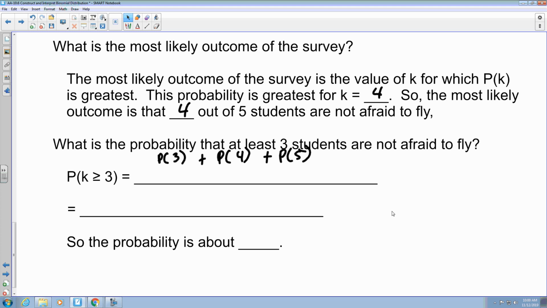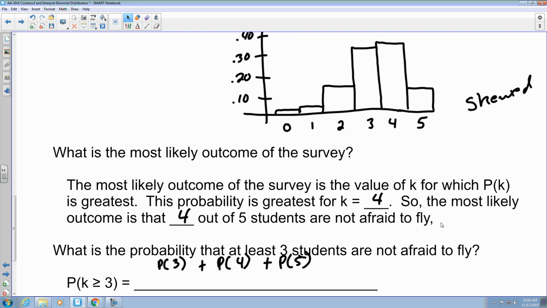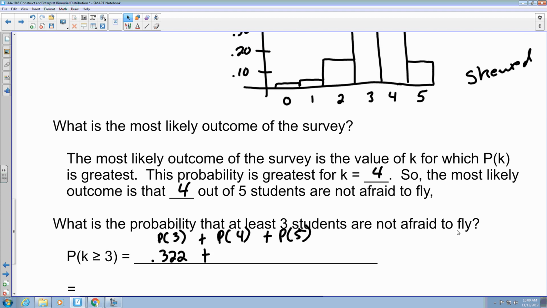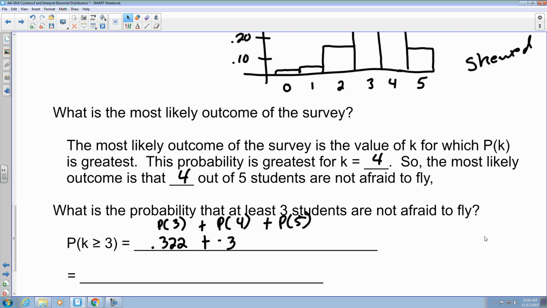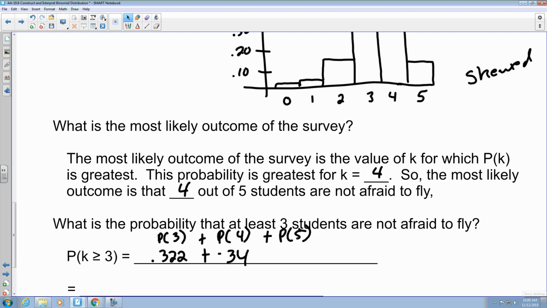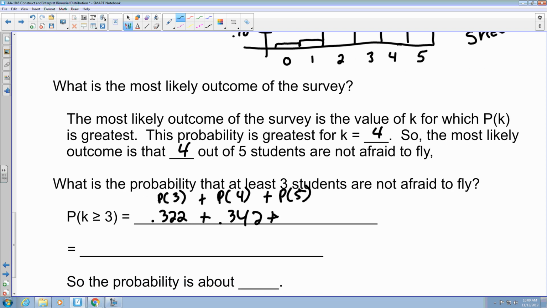the probability of finding 3 plus the probability of finding 4 plus the probability of finding 5. If we go back up to the chart, the probability of finding 3 was about 0.322, plus the probability of finding 4, which would have been 0.342, and finally the probability of 5, which was 0.145.